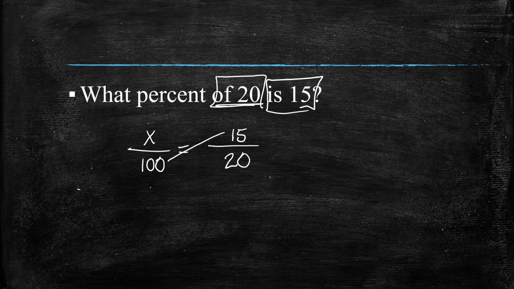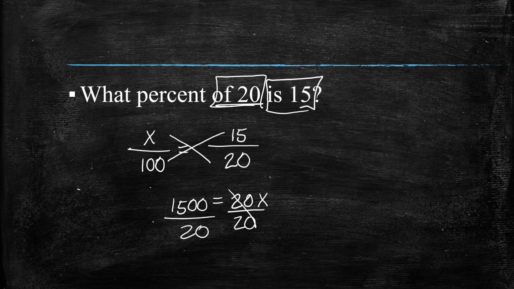So 15 multiplied by 100 is 1,500. 20 multiplied by x is 20x, and we solve for x by dividing by 20. So 1,500 divided by 20 equals 75. And that is the percentage this time, so that is 75%.